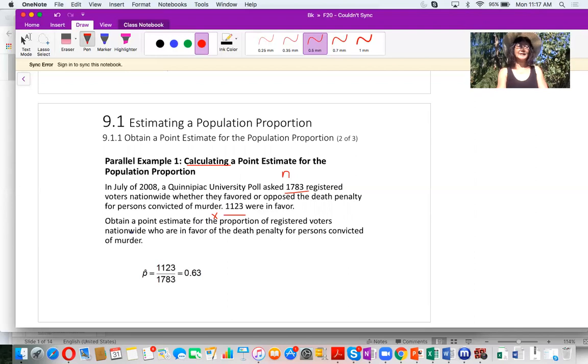The question is, obtain a point estimate for the proportion of registered voters nationwide who are in favor of the death penalty for persons convicted of murder. Based on the formula, P hat equals X over N, and the result is 0.63.